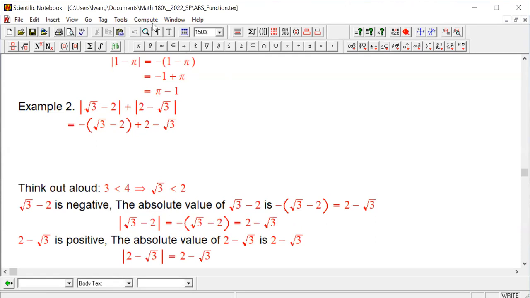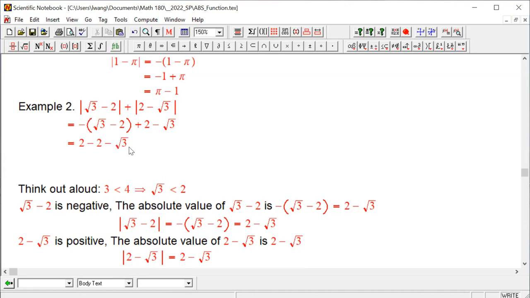On this part, you could have replaced this guy by 2 minus root 3, and plus 2 minus root 3.